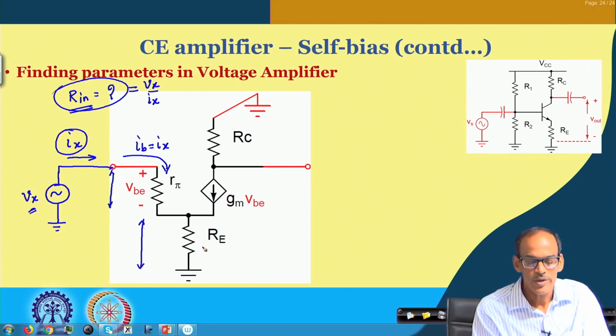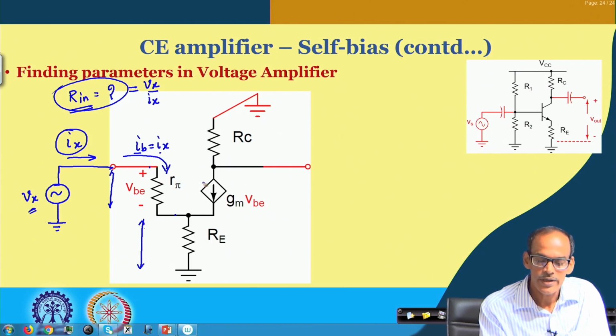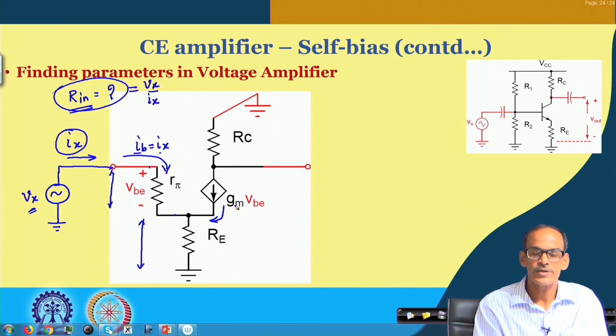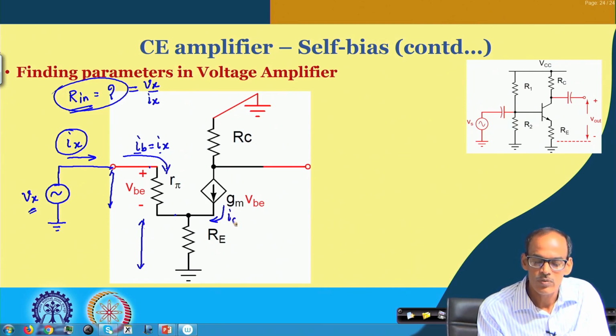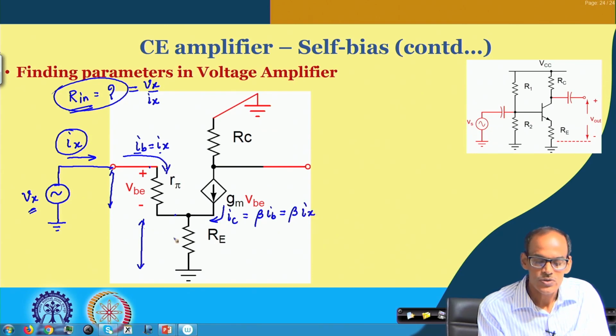To simplify, if I do have I b, which is I x, flowing from base to emitter terminal, the current in the collector terminal is I c, which is beta times I b, which is incidentally beta times I x. So, the total current flowing through this R e is I x plus beta times I x.